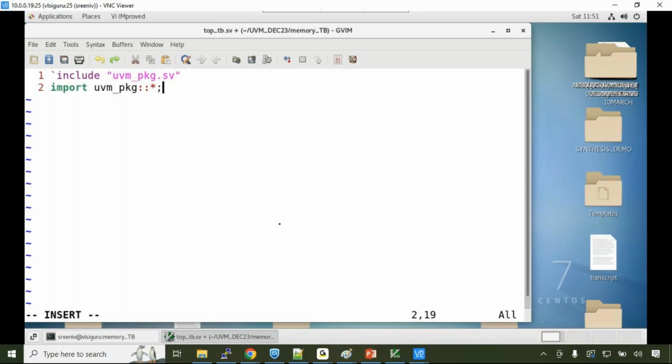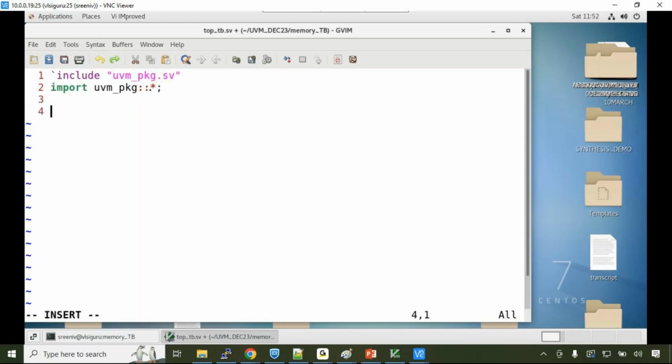In which scope are we doing this? Global scope, because it is outside a module and outside a class. Why is this required? Because whatever is present in the package, like the base classes and the macros, all of those will get imported because you did import package star. Star means everything present in the package becomes part of your scope.